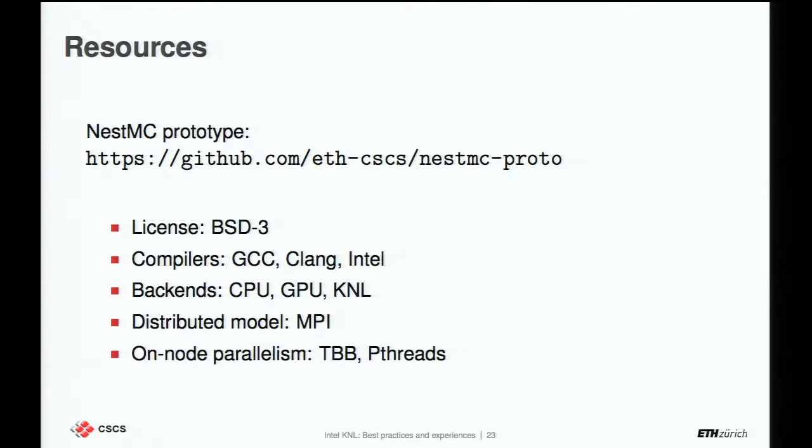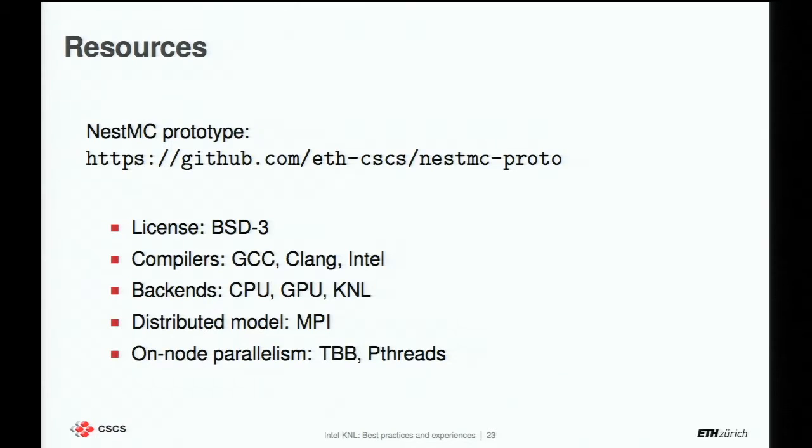And finally, here is a bit more information. We have a prototype already publicly available. We are actively developing on GitHub, so you can see the issues, you can see everything there. It's under a BSD license. We regularly try with all these compilers, GCC, Intel, so the code compiles with all of them.